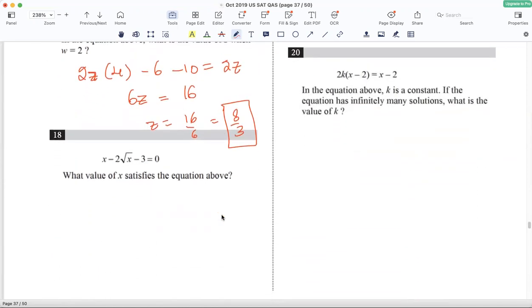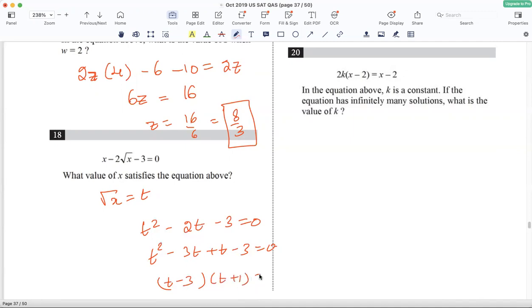What value of x satisfies the equation above? So let root x be t. Then I can say t squared minus 2t minus 3 is 0. So t squared minus 3t plus t minus 3 is 0. So (t minus 3) into (t plus 1) is 0. So t is 3 and negative 1.